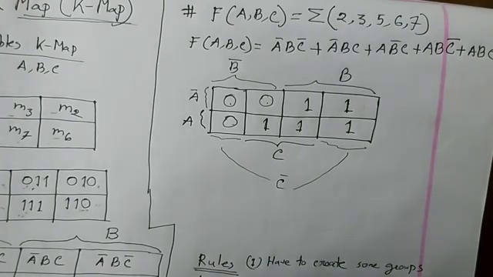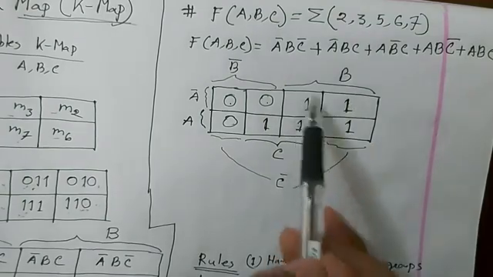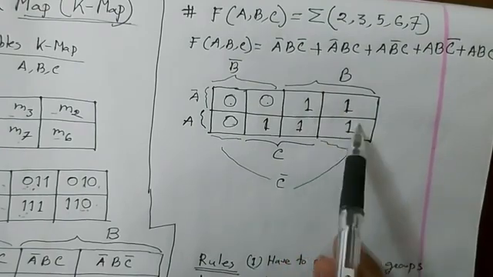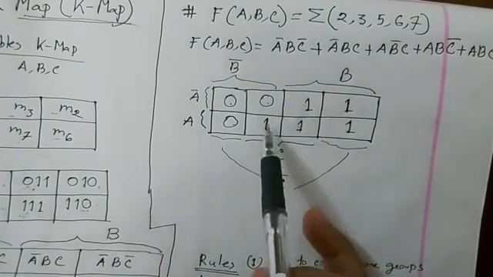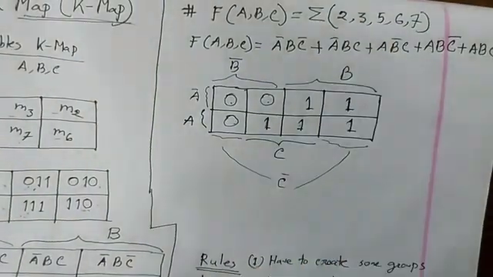But we have to cover all the ones by creating a smaller number of groups. If we create all the groups with single ones, then there will be many groups, right? Or if we make these 2 a group, these 2 a group, and these 2 a group, then there will be 3 groups. But rule number 3 is also saying that every group must take the maximum possible number of ones.